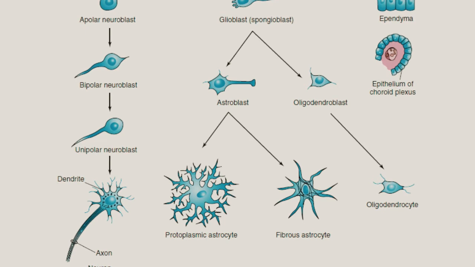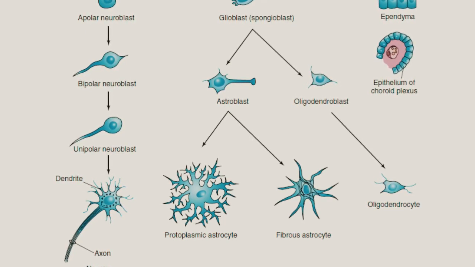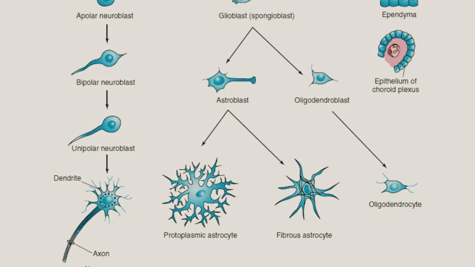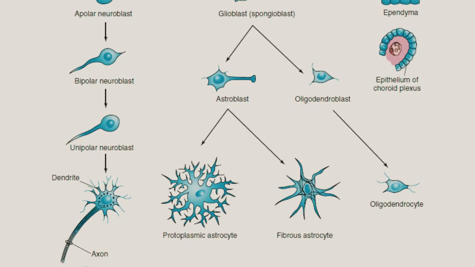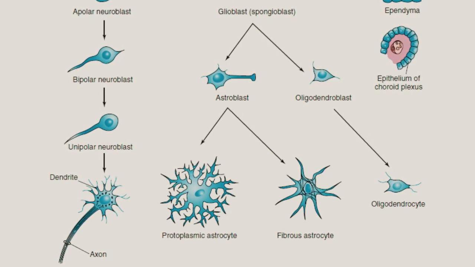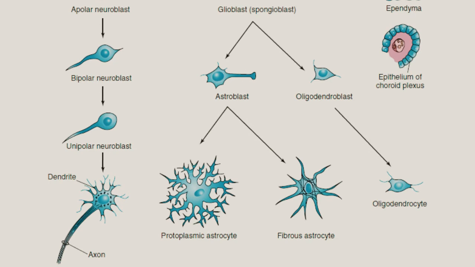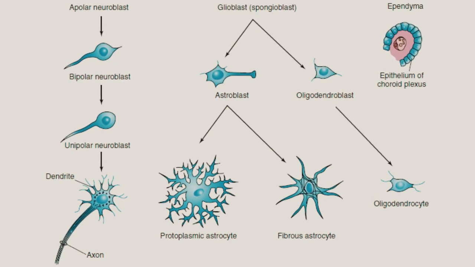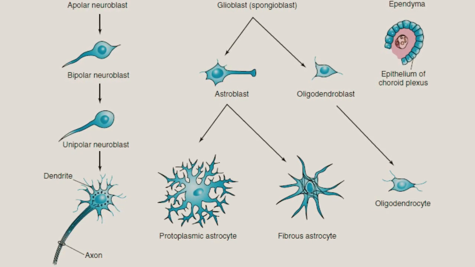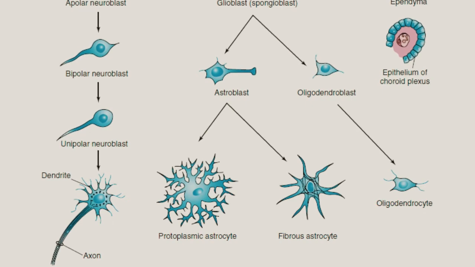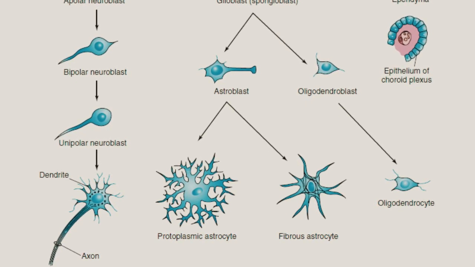Those are from the glioblasts that reached the mantle layer. Other glioblasts proceed further to reach the marginal layer. Those in the marginal layer are going to form for us a group of cells we call oligodendrocytes. Oligodendrocytes are the cells responsible for forming myelin sheath in the central nervous system.